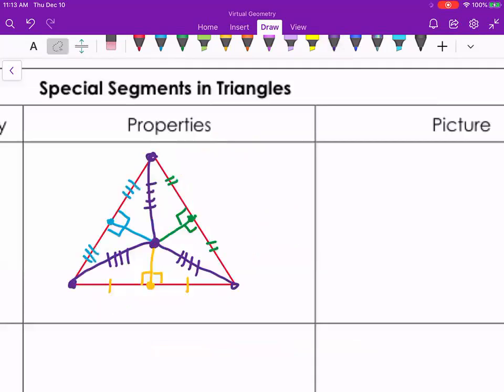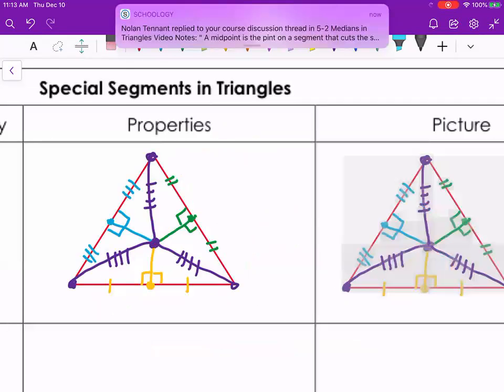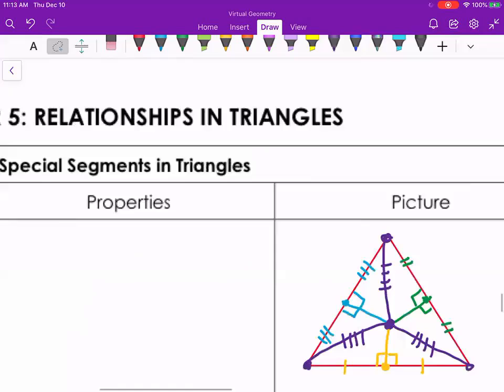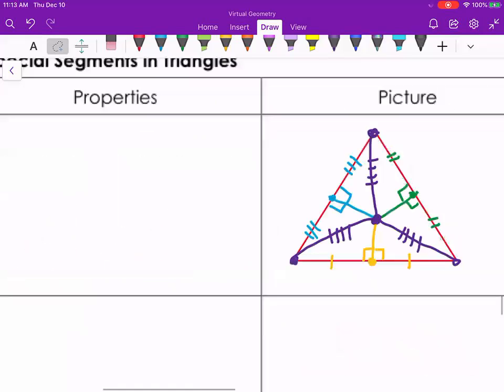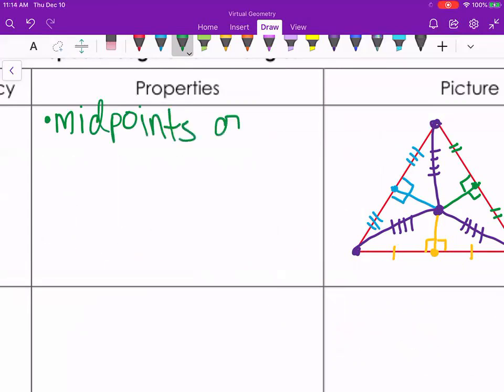Oops, I apparently wrote that in the wrong box, so I'm just going to move it over. Okay. So again, we've got midpoints on the sides. So just some of the things that we want to remember. Midpoints on the sides.